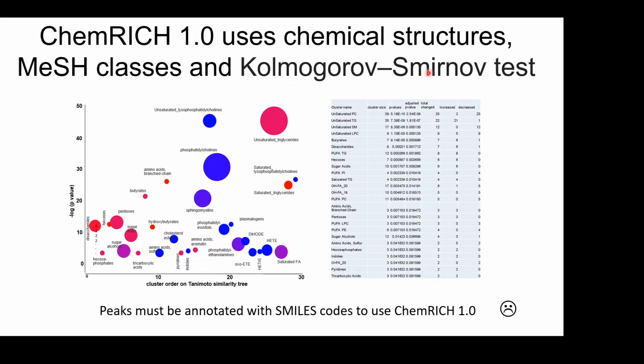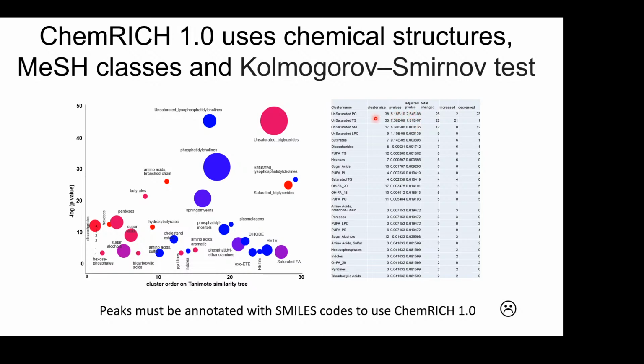So ChemRICH takes a chemical structure, links it to a MeSH class, and then applies a Kolmogorov-Smirnov test, the KS test, which is a p-value distribution based test that doesn't need a background database and doesn't need a p-value cutoff. It takes all the p-values for a particular set. For example, let's say unsaturated triacylglycerols: all the p-values for this particular set were utilized and compared against a p-value distribution under the null hypothesis, which is a uniform distribution, and then you get a set level p-value.